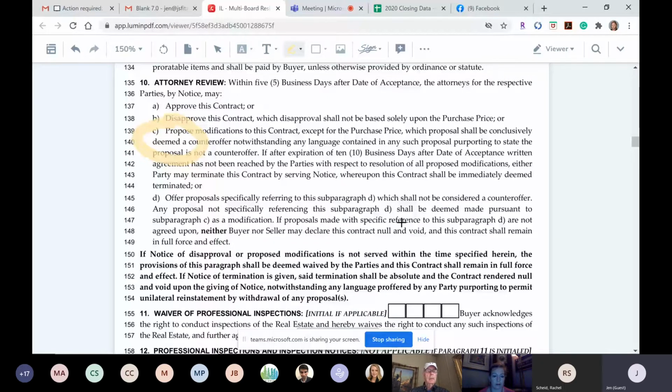The other thing, you'll often see attorneys have a letter that's 3 or 4 pages long. I have a standard multi-board letter because even though this is a really good contract, it doesn't necessarily match up with Illinois law. So the people who create this contract are experts at what they do.